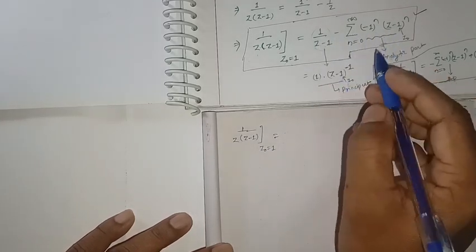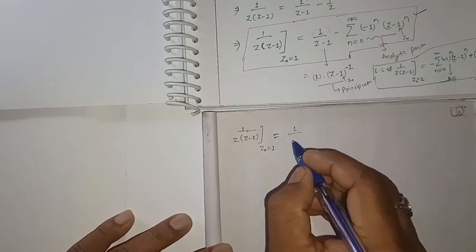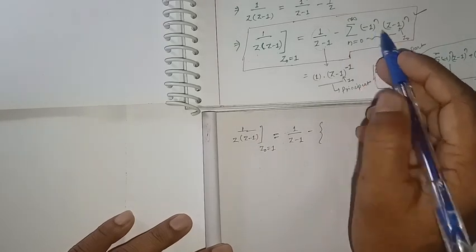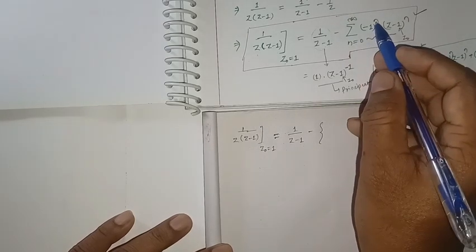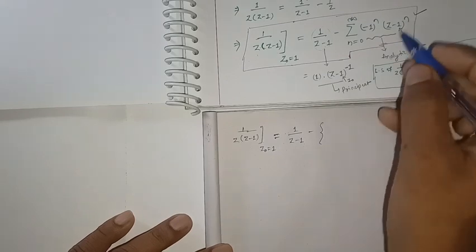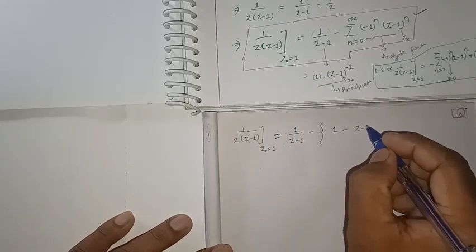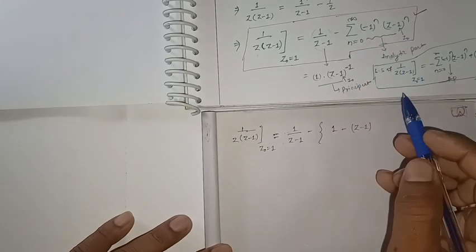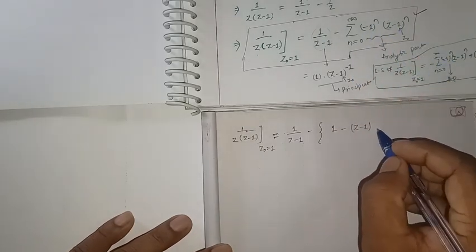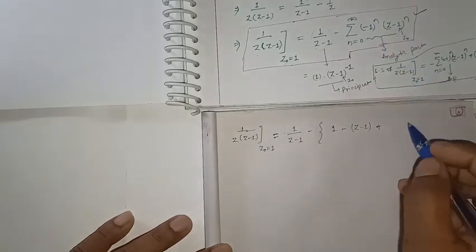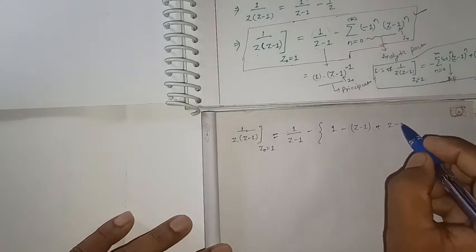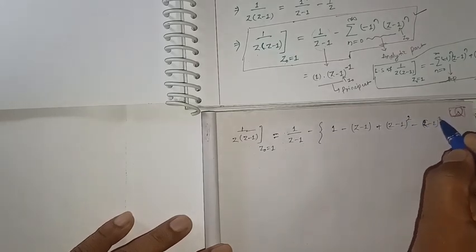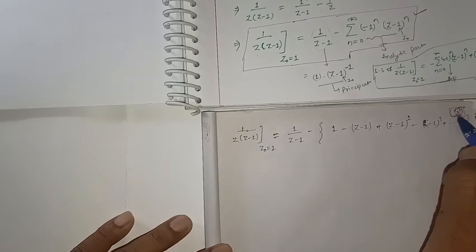If I write it in the expansion form, this value will be 1 by z minus 1 times the series: the first term, if I put n equal to 0, will be 1; minus z minus 1 by substituting n equal to 1, minus 1 to the 1 will be minus z minus 1 to the 1; then plus, because minus 1 to the 2 will be plus 1, z minus 1 to the power 2; then minus z minus 1 to the power 3, plus and so on.